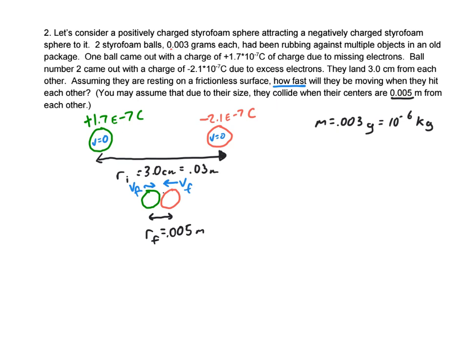All right. What's going on here? I'm going to do an energy interaction diagram because there's going to be a decrease in electric potential energy, because initially they are a large distance from each other, and at the end they are much closer.